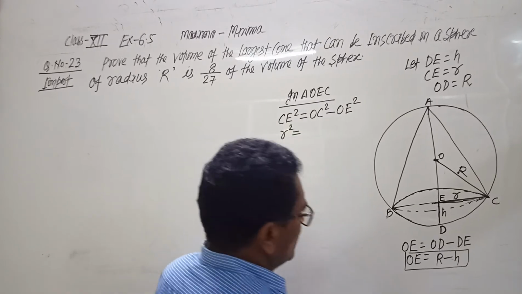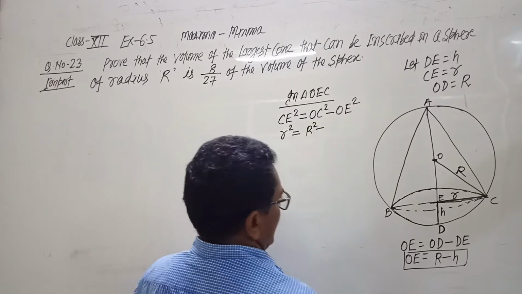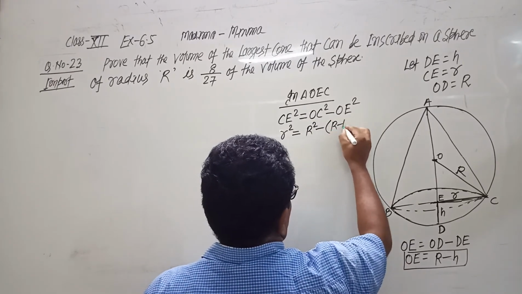The value of OC is capital R, and the value of OE is (R minus h).